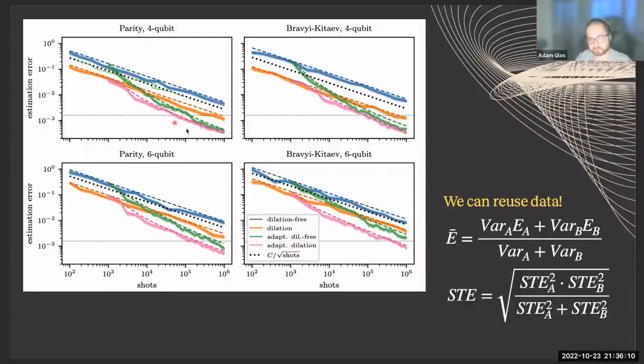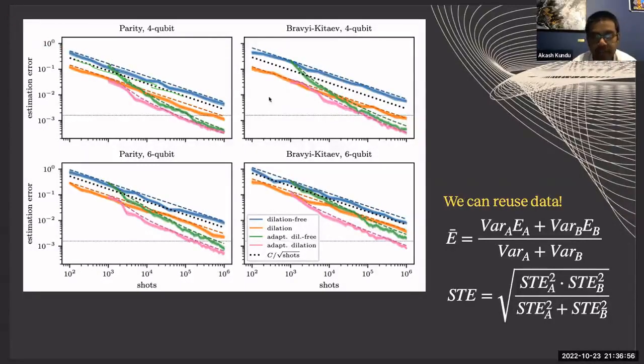This is both for the dilation, which is the pink one, and the dilation-free one, which is the green one. It's nice that we go below, but what's important is that these lines are not parallel to this dotted line. So in a sense, we're breaking this 1 over square root of s complexity. Probably in practice at some point it will start to be parallel, but we still have a much better constant than at least the one we initially used.